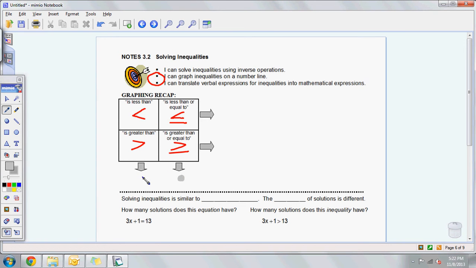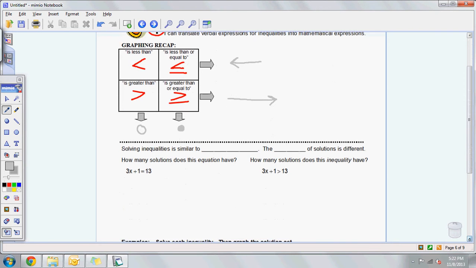These two, you're going to have an open circle because it's not going to be equal to the number that you're graphing. And then these are going to be the same direction that you shade. So if it's less than, then you're going to shade to this side of your number. And if it's greater than or equal to, you're going to shade everything bigger. So that's how you graph, but let's figure out how to solve these inequalities now.